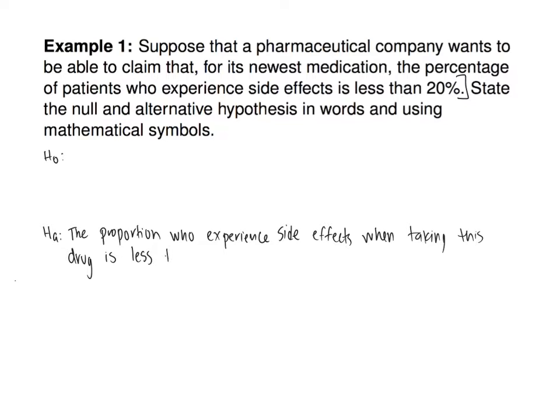Less than 20%? So that's in words. Mathematical symbols is nice and short. But you've got to use the right symbols. We're talking about a proportion, so we're going to use P. Does that make sense? So P is less than 0.2.